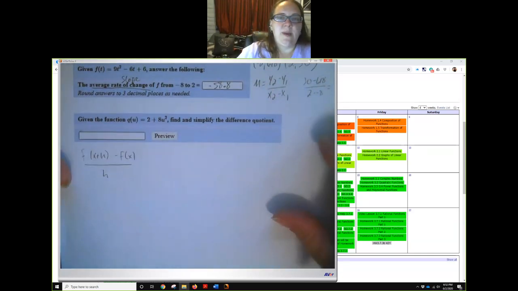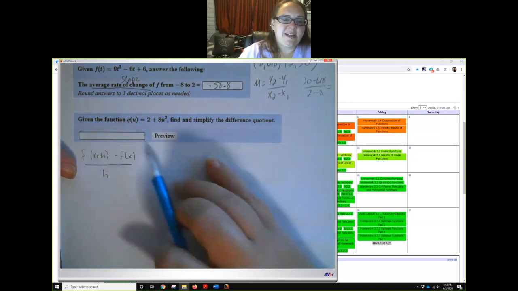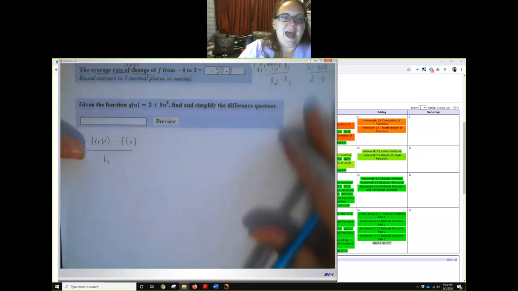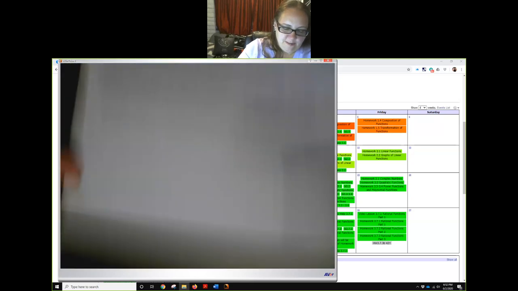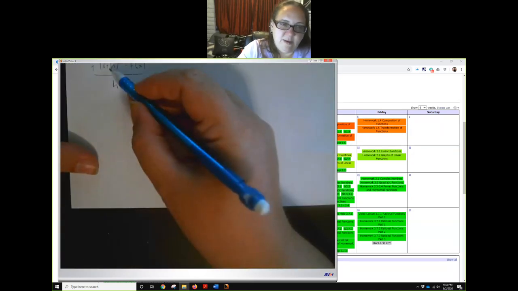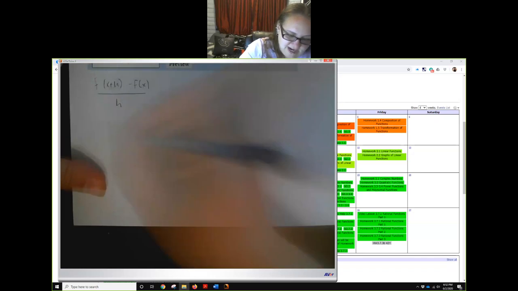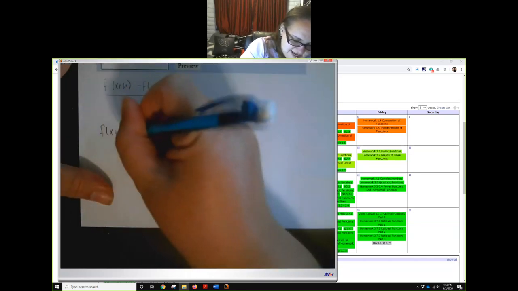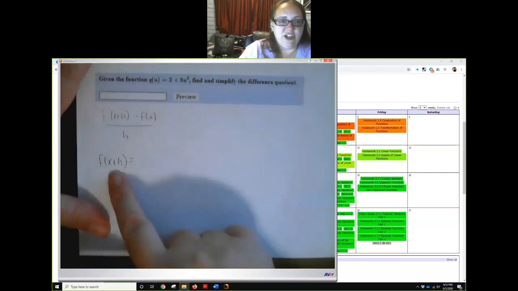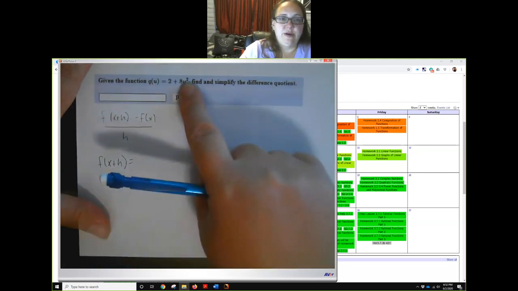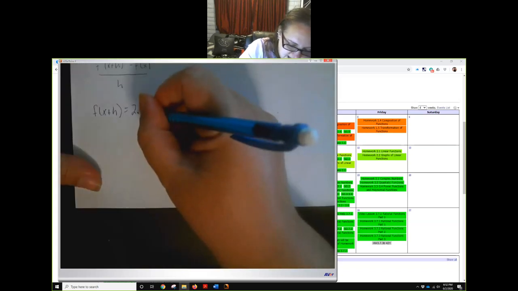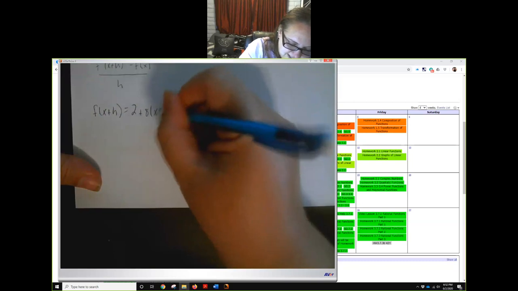So if we want to find the difference quotient, we're going to do f of x plus h minus f of x, over h. So f of x plus h, I'm going to do that separately down here. For f of x plus h, I'm going to take x plus h and plug it in for u, so it's 2 plus 8 times x plus h squared.